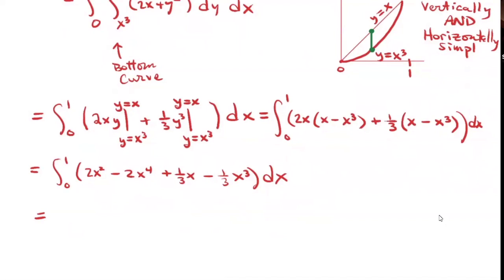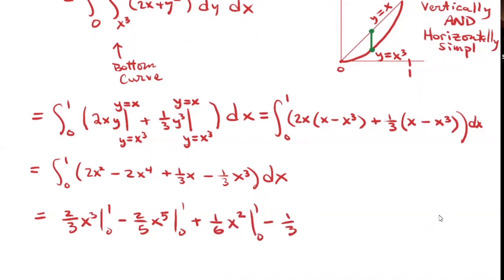Okay, so here we have 2/3 x to the third from 0 to 1 minus 2/5 x to the fifth from 0 to 1 plus 1/6 x to the second from 0 to 1 minus 1/12 x to the fourth from 0 to 1.